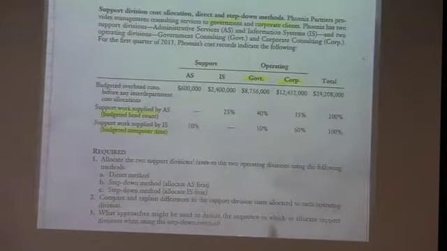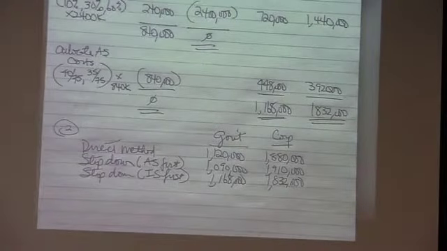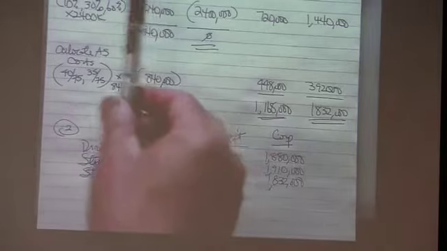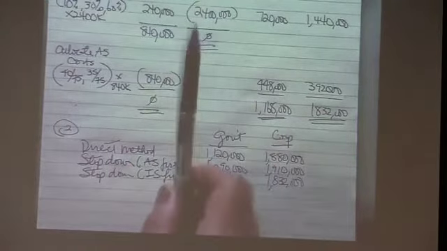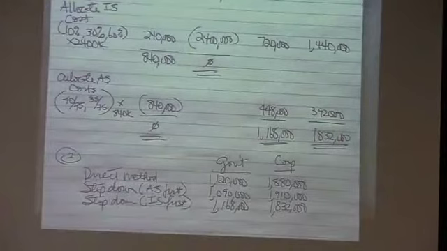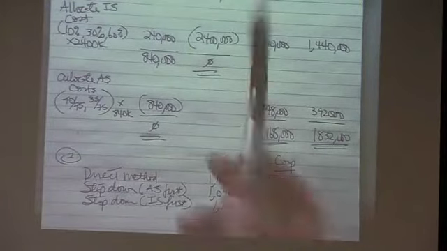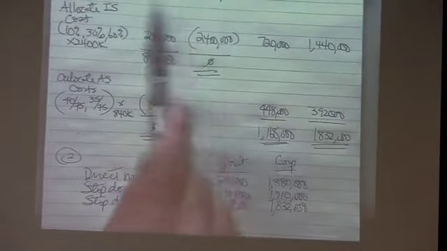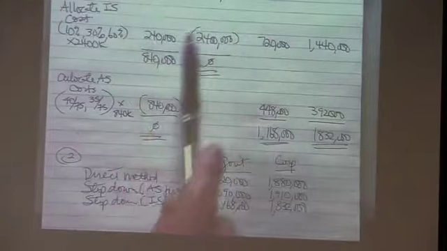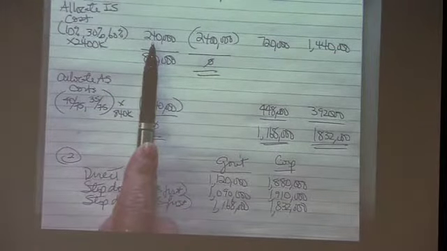Okay, so if you look at it from that perspective, it kind of makes sense to have the IS allocated first because they're the biggest chunk, right? They're the biggest cost of the support department. So they are 80% of the entire cost department. So to me, it would make sense if we first assign the IS department, just a matter of size relative to the other support department, to the administrative department first.